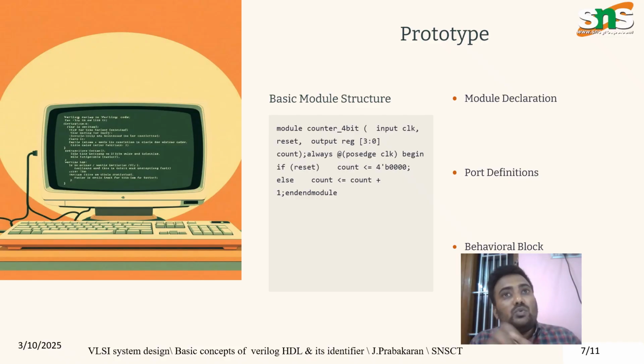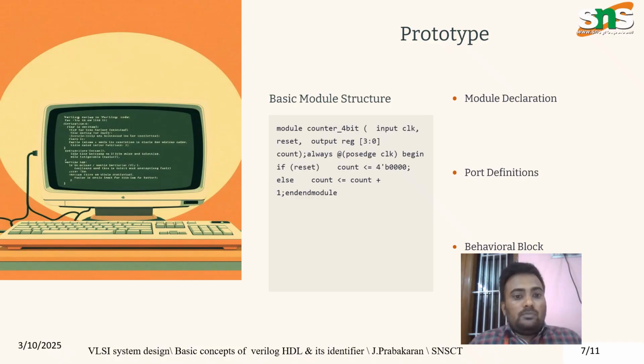Here register is used to represent the reg data type. Next is behavior. Here we have used an always block, which describes sequential behavior triggered on clock edge. The always block represents clock edges, implementing sequential logic with reset functionality. This prototype shows how identifiers, ports and procedural blocks come together to describe real hardware.